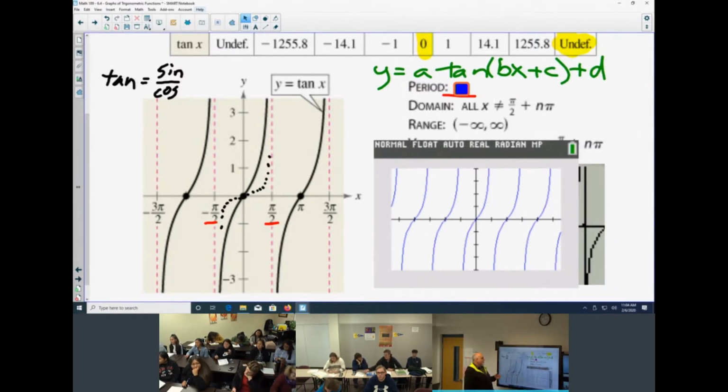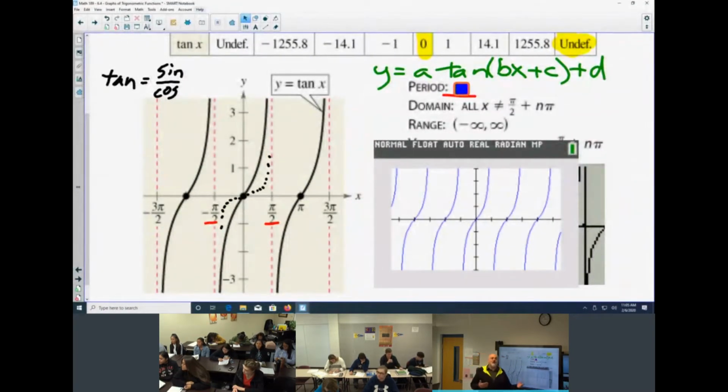When you put it in the calculator, you want to make sure you're in radian mode whenever you're graphing any of the trig functions. And it doesn't graph the vertical asymptotes, so you've got to know that this is at negative pi halves and so on. Now, the tangent goes up from left to right from one vertical asymptote to the next.